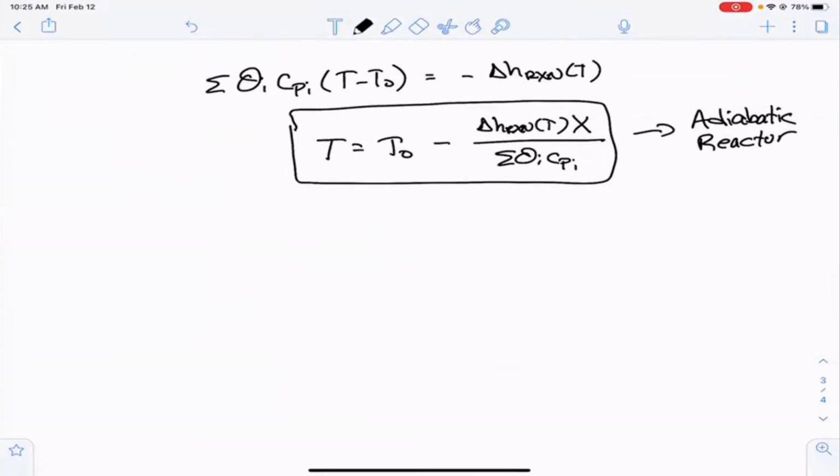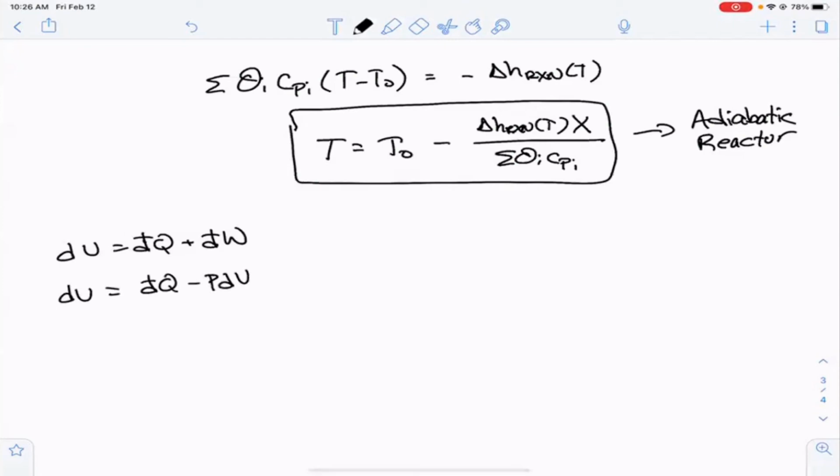Well, in our batch reactor, again, we start with dU is dQ plus dW. And now if we make the same assumption that we only have PV type work and we are operating at approximately constant pressure, well, this just becomes dU is dQ minus PdV, so dU plus PdV equals dQ, and that just means that dH equals dQ.